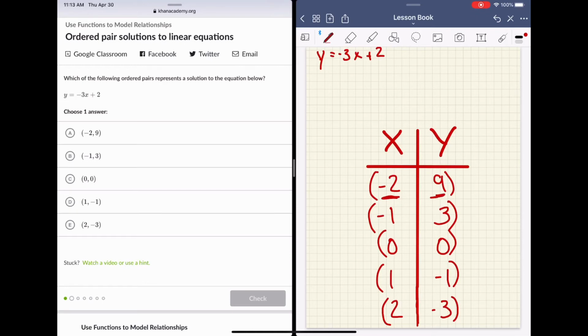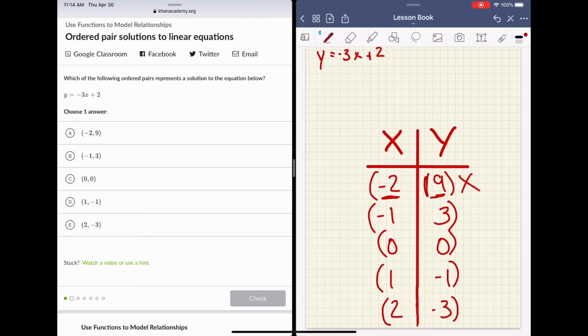So we have y equals negative 3 times x, which we're plugging in a negative 2, plus 2. So negative 3 times negative 2 is going to be positive 6, because a negative times a negative is positive. And then we add 2 to that to get 8. So our equation simplifies to y equals 8, and 9 is not equal to 8, so the first point does not satisfy the equation.